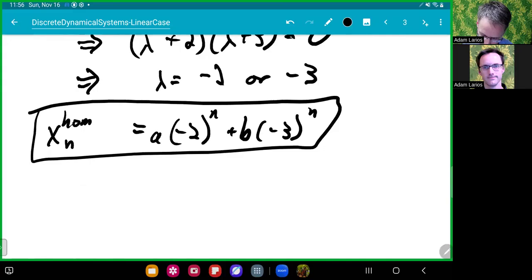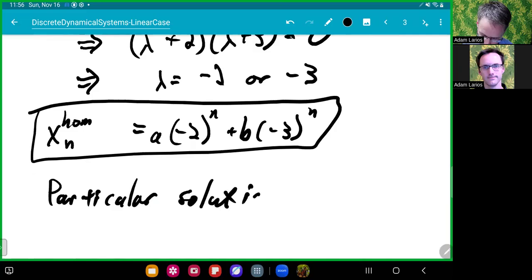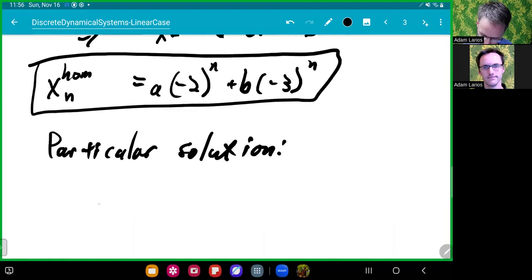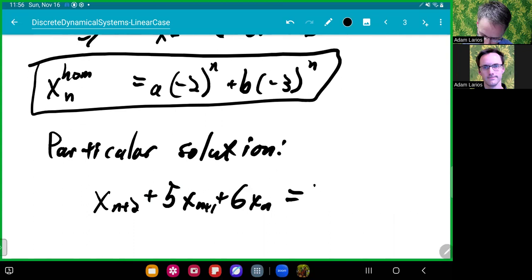This can be done really in either order. So we look for a particular solution. Let's go back to x_{n+2} plus 5x_{n+1} plus 6x_n is equal to 24n plus 2.